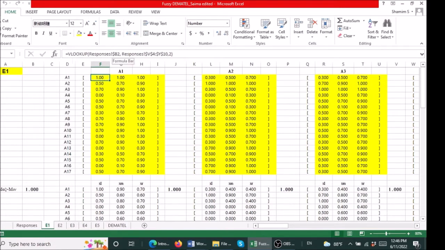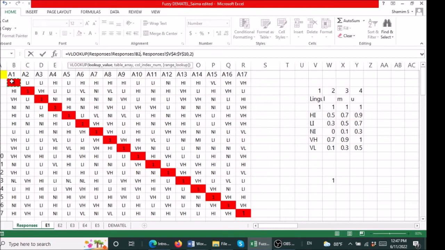I guess you know this formula, or if you don't know, you can watch videos on how to use the VLOOKUP formula in Excel. So basically we are giving a cell reference first. This is the base cell, B2, it is our base cell, and where is it, this one. And from where will it collect?